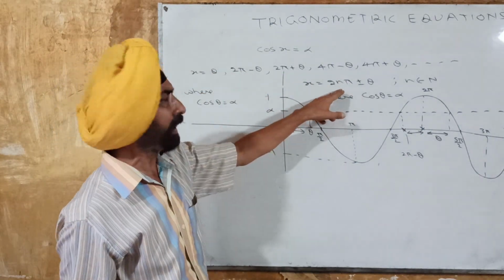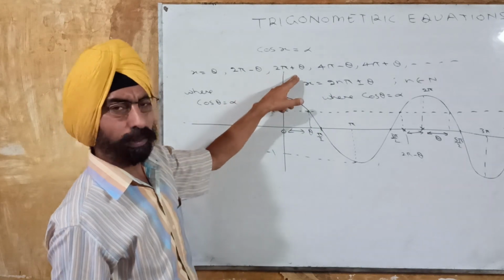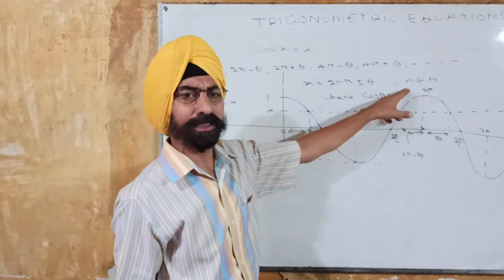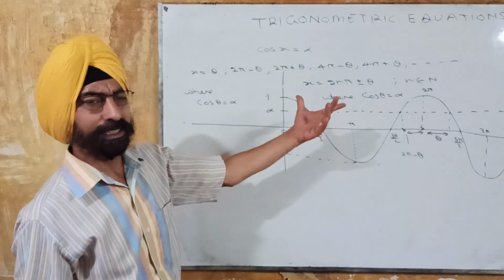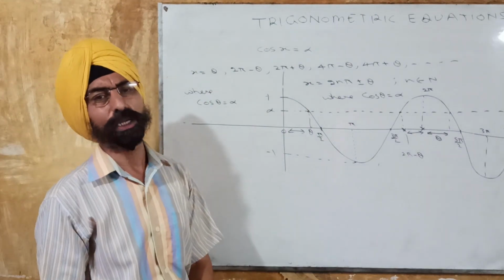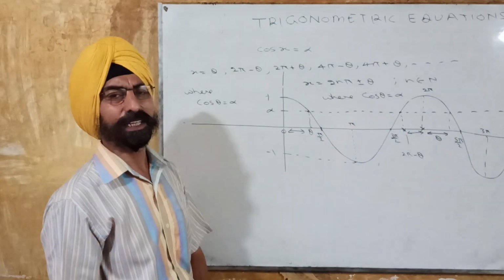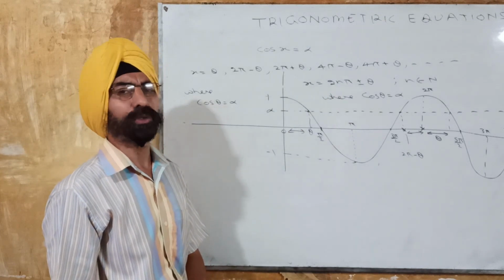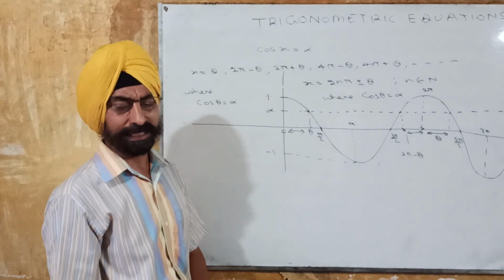When n is 1, you will get 2 pi minus theta and 2 pi plus theta. When n is 2, you will get 4 pi minus theta and 4 pi plus theta, and so on. So the general solution is that if cos x is equal to alpha, then x is equal to 2n pi plus minus theta, where cos theta is equal to alpha. This is how to solve an equation involving cos x.